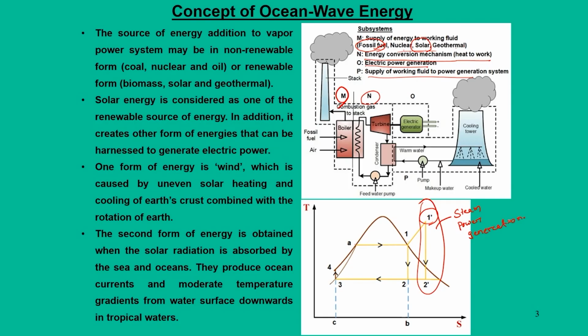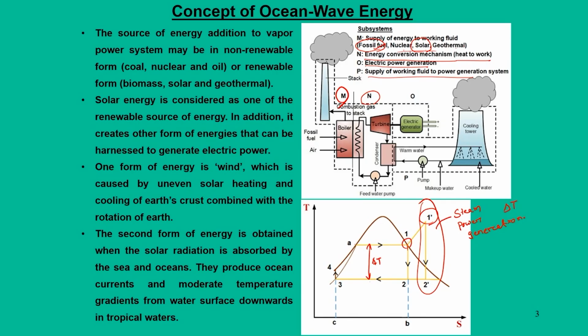Now, when we deal with low temperature systems, we do not have the option to go to the superheated regions. So the inlet for the turbines starts from point 1, and that falls exactly in the saturated vapor region, and we try to expand the steam in the turbines. This is one part. Second part: when we deal with steam power systems, the temperature difference delta T, that is between steam generator pressure and condenser pressure, is very high.